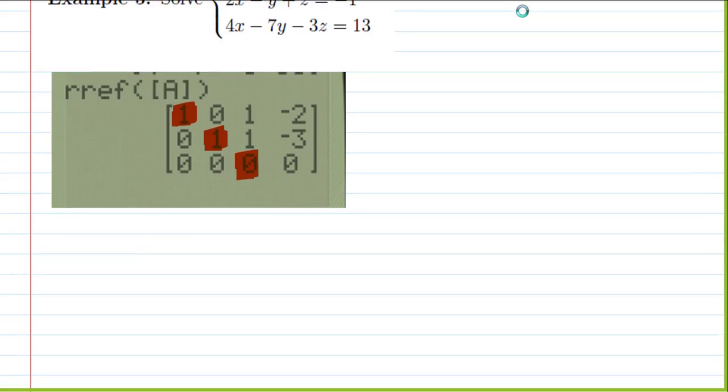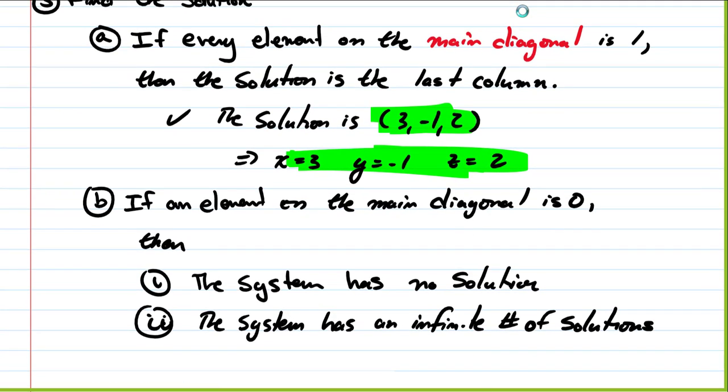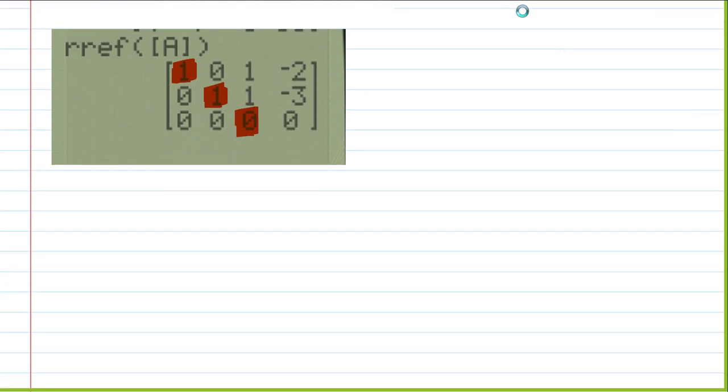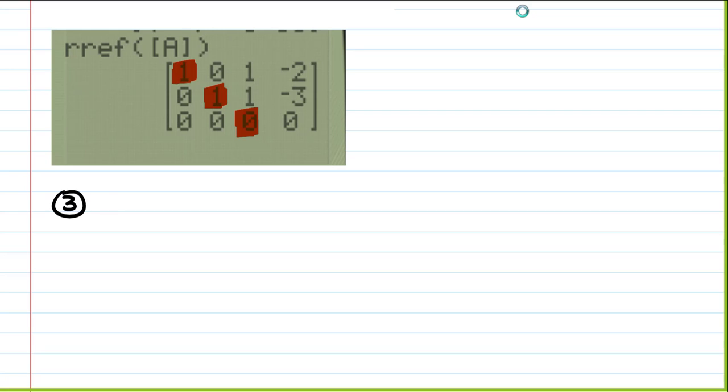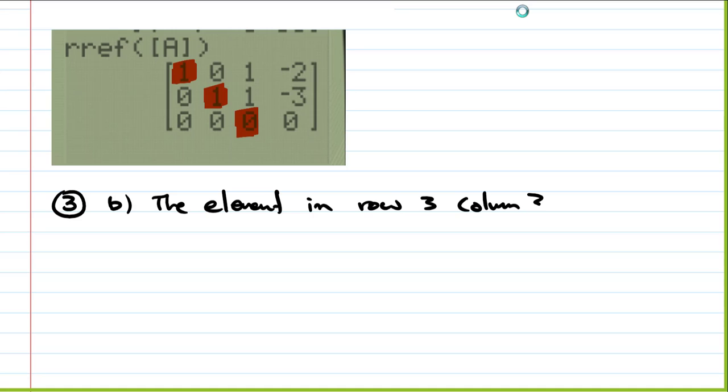So we note the last element is not 1. So B, the element in row 3, column 3 is 0. So that tells us that the system has either an infinite number of solutions or no solution.